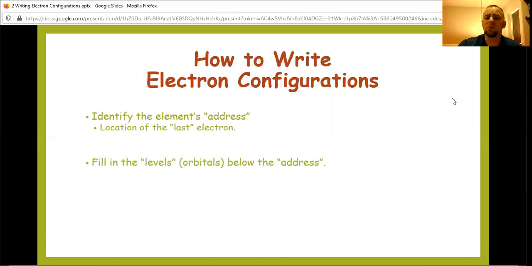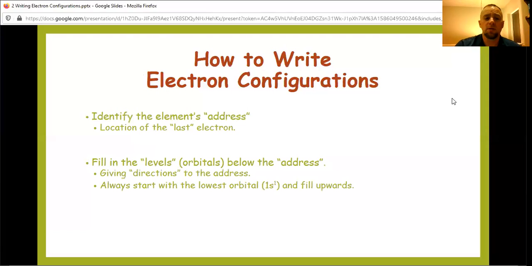But to get to that address, we need to fill in all the lower levels for all the other electrons that are in that atom. So we fill in those levels below, giving us directions, if you will, to that address. So we always start with the lowest orbital, the lowest energy, which is going to be 1s, and then we fill up from there.